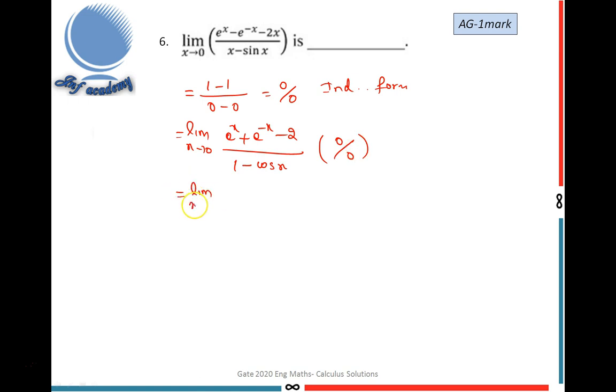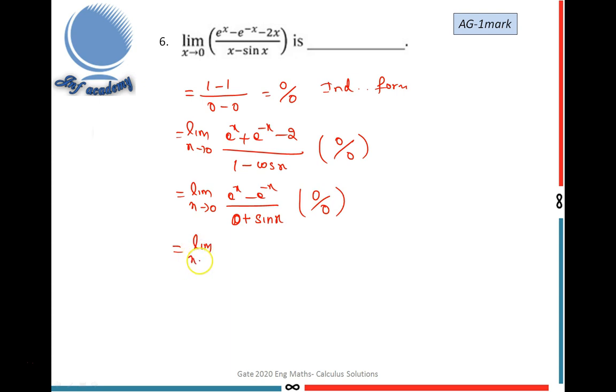So again I use L'Hospital rule: e power x minus e power minus x, the differentiation of the numerator, and in the denominator the derivative of 1 is 0, and the derivative of cos x is minus sin x, so plus sin x. Then putting the limit, e power 0 minus e power 0, that is 1 minus 1, 0, divided by sin 0, 0, so 0 by 0 form.